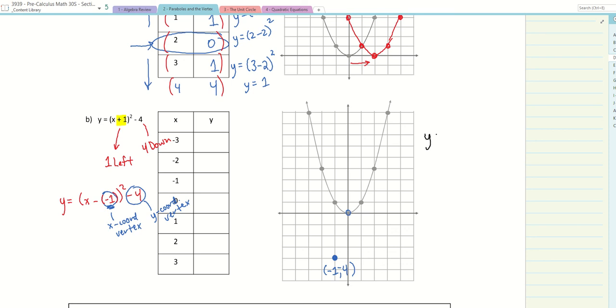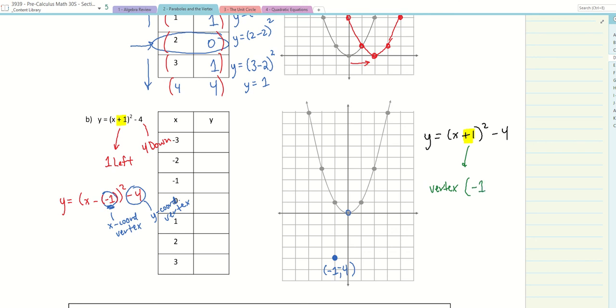If I were to use the original one that I gave you, let me rewrite it over here. In this question, you were asked to go y is equal to x plus 1 squared minus 4. The quick way of seeing what the vertex is: it's opposite. The x-coordinate, I could write that as x minus negative 1, so I know it's opposite.